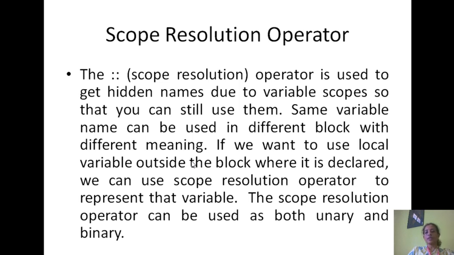So if we declare one variable or one function within a class, then the scope of this variable or function we can represent with the help of the scope resolution operator. So when we have to define one function or one variable, or use one function or variable outside the block where it is declared, then we can use the scope resolution operator.